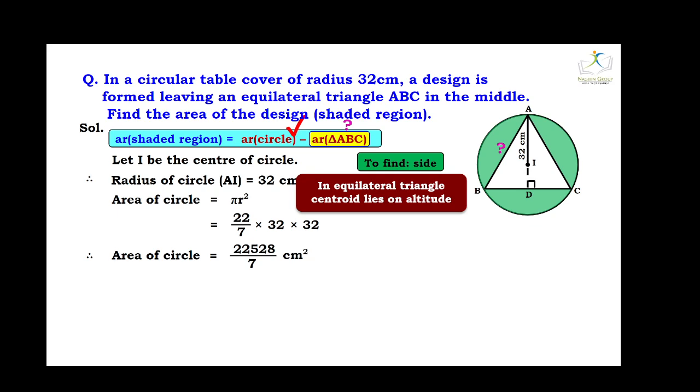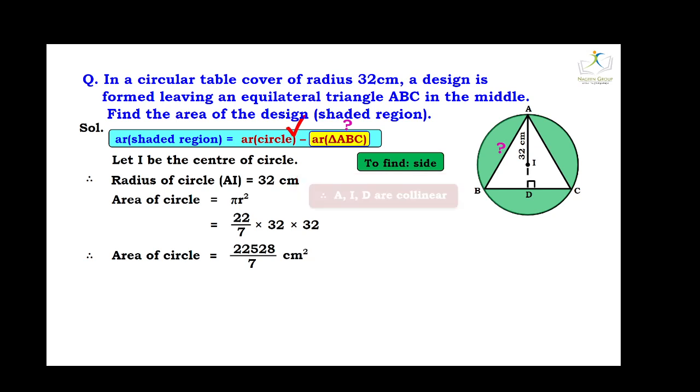A line passing through the midpoint, D is the midpoint of BC. A line passing through the midpoint from the vertex is called a median. The median will also pass through the same altitude. The concurrency of altitudes and medians is the same point. That is the centroid. A, O, D are collinear.